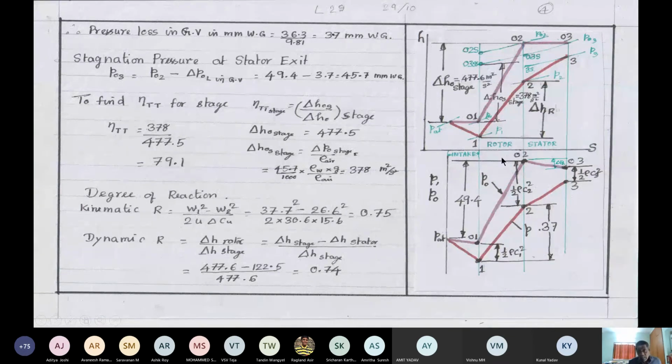Okay, because enthalpy change in the stator we recently calculated, and total enthalpy change is 477.6. So 477.6 minus 122.5 divided by 477.6, that gives you 0.74. Okay, slight difference is there, more or less the same value you will get.